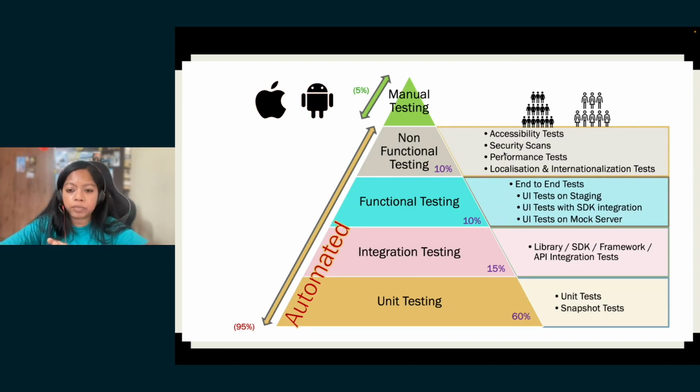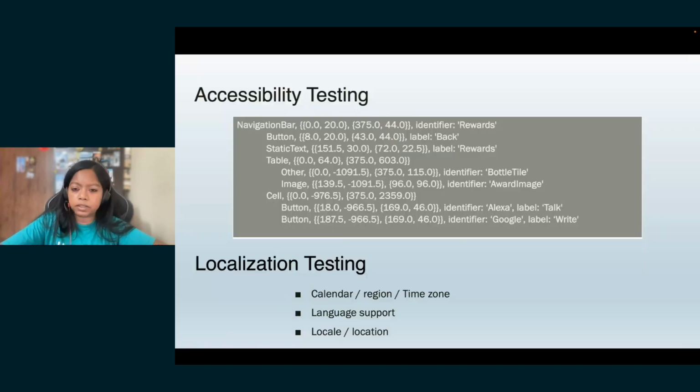And then including the localization as well. Localization is also popularly known as globalization, internationalization and all that. What is happening here, we can check the region, the language, the calendar, the locale, with just configuration which is already provided.